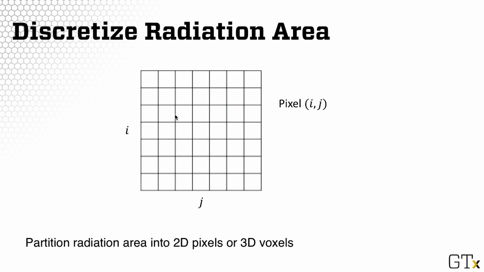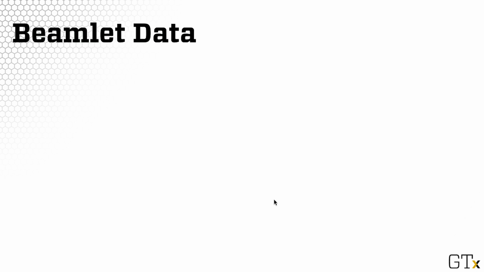Each little grid cell here is called a pixel, and it's represented by its coordinates x and y. So we partition the radiation area into 2D pixels in this case. In practice, you may need a 3D structure, and then each pixel is called a voxel in the 3D case.